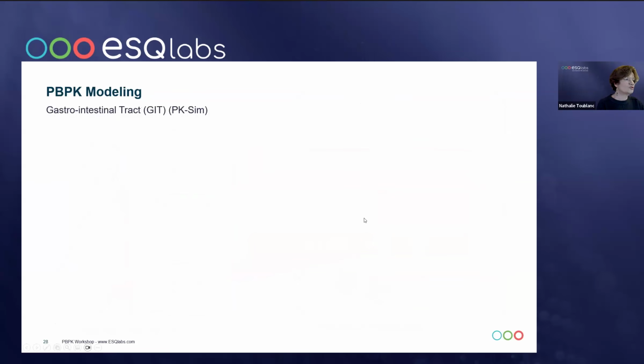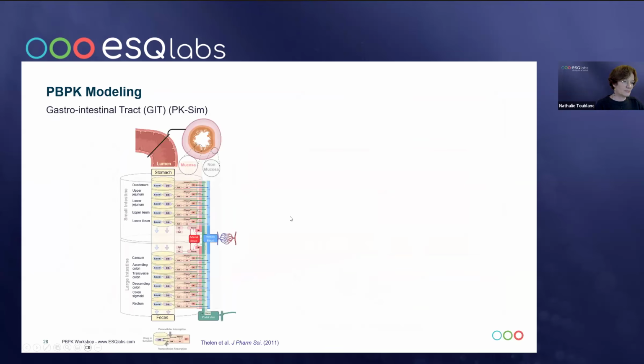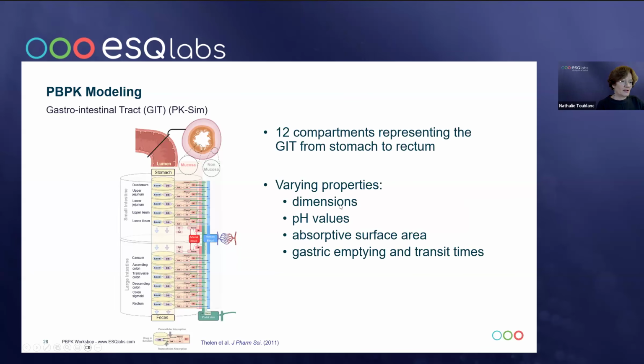And if we zoom into the gastrointestinal tract, the way that it's represented in PK-Sim, I'm not going to go into all the detail, but you can see that it's divided into 12 compartments going from the stomach to the rectum with specific properties for each of the compartments. And you've got varying properties.